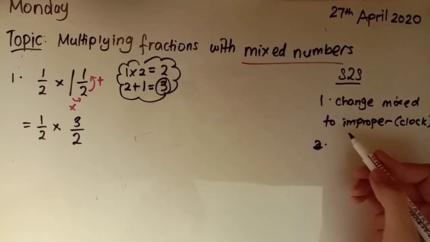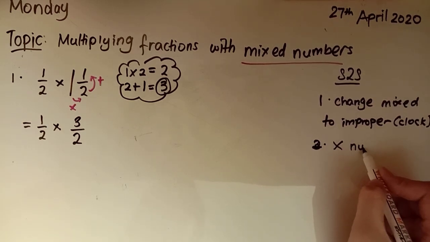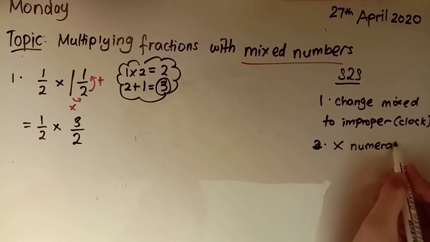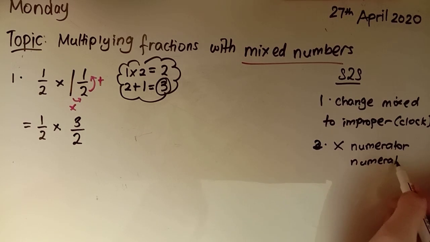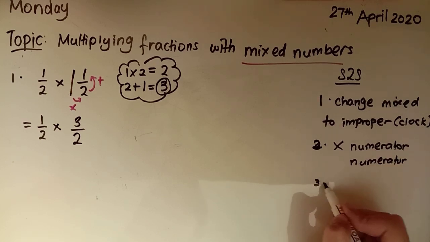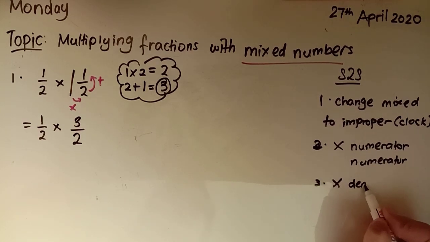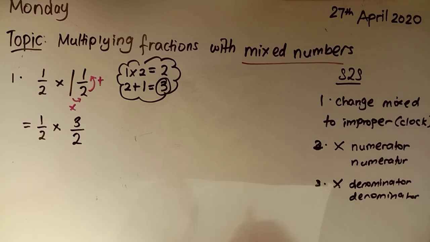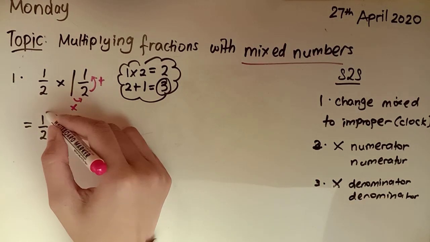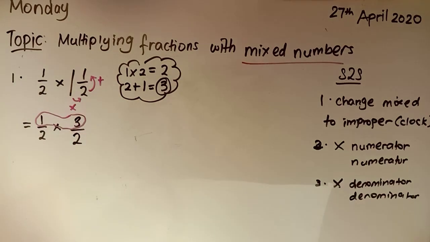Okay, that's step 2. So, multiply numerator with numerator. Multiply denominator with denominator. Okay? So, numerator with numerator.